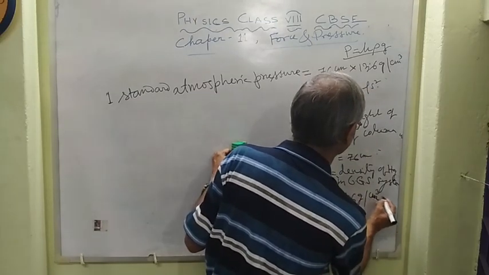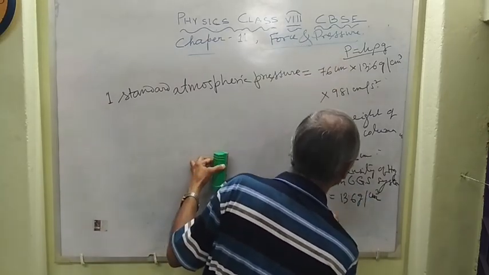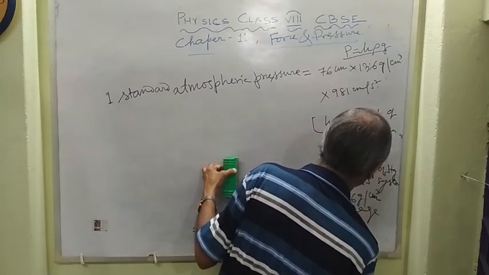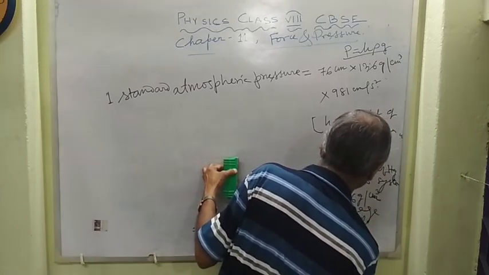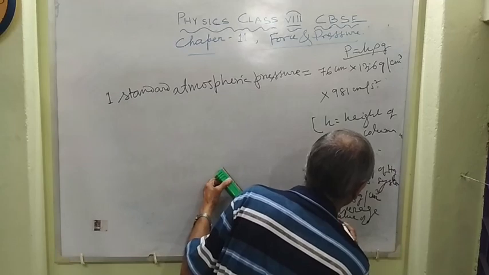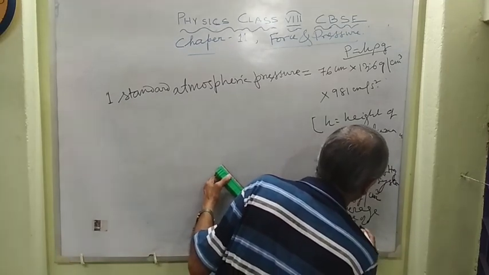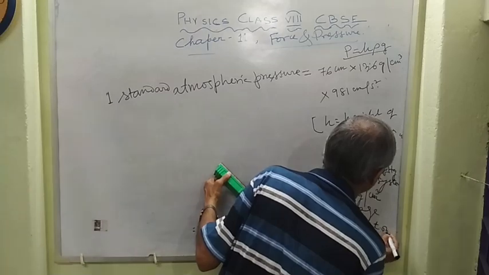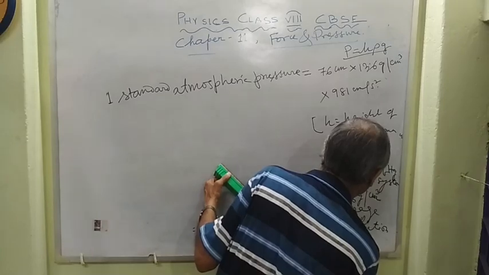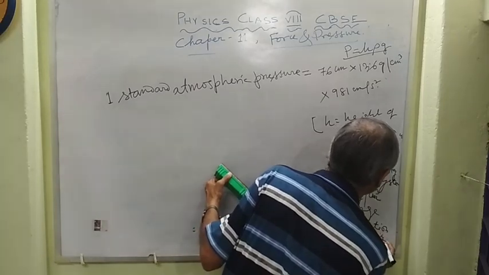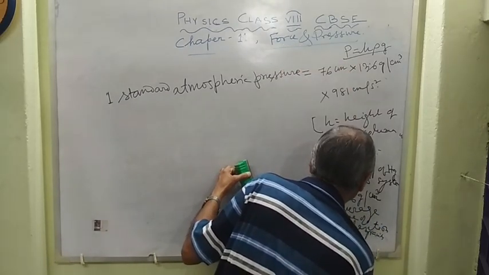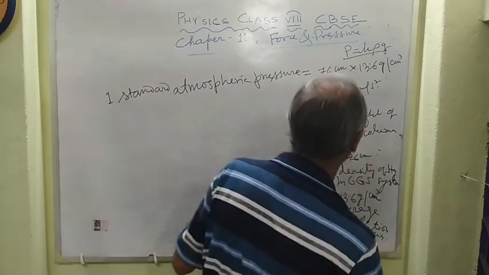And g is the average value of acceleration due to gravity, and its average value is 981 centimeter per second square.